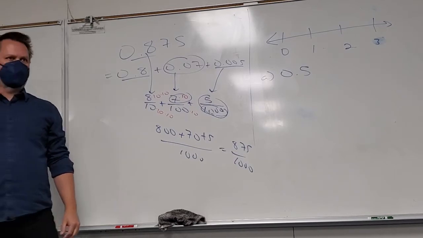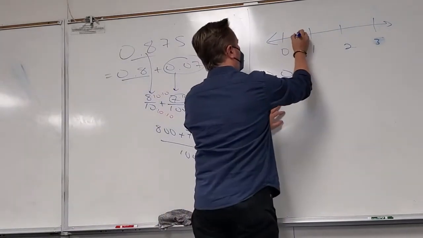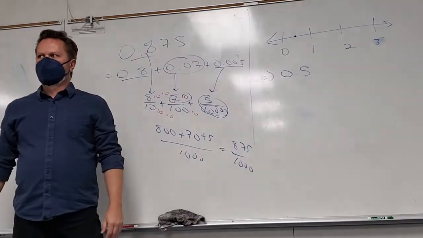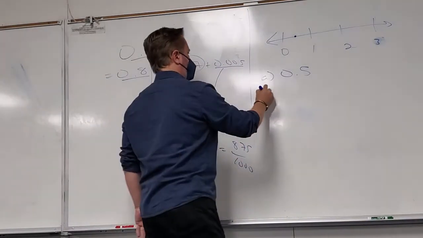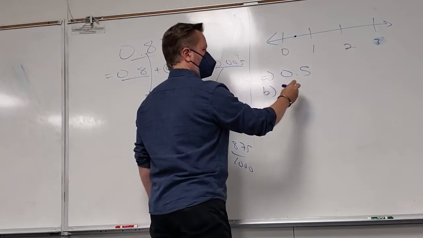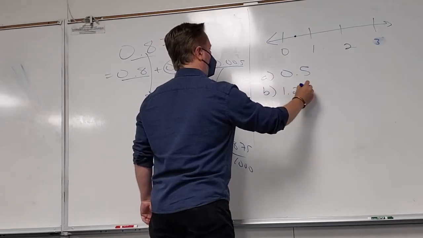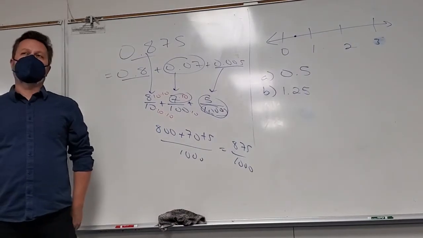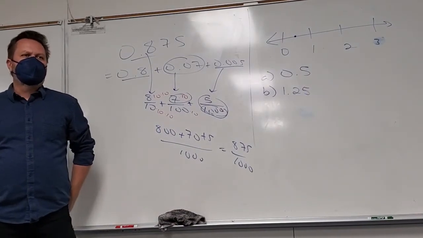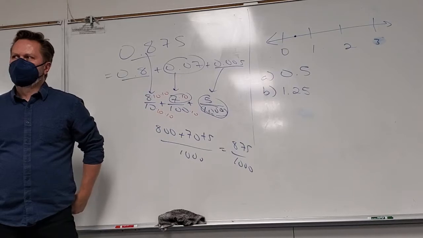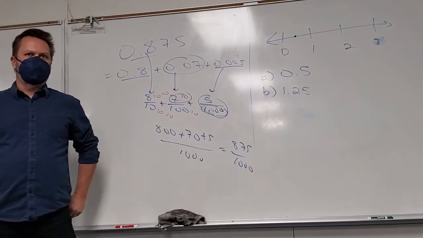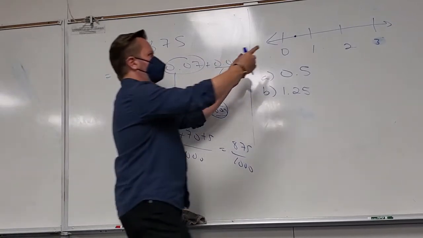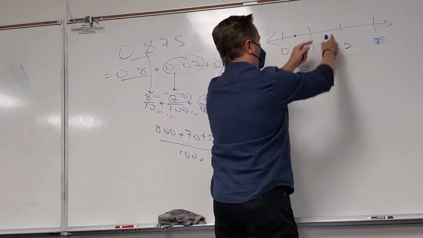Exactly, between 0 and 1, exactly halfway. I like it. What if I ask you to find 1.25? And let's say I want you to be a little more precise with where you put this dot. What can you do here to help you find this?